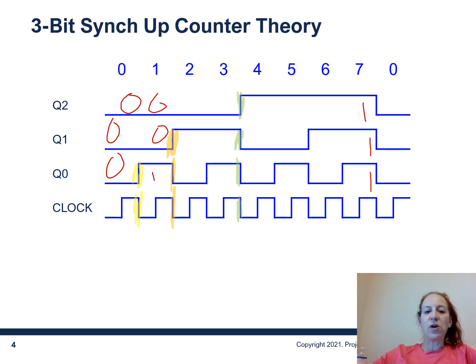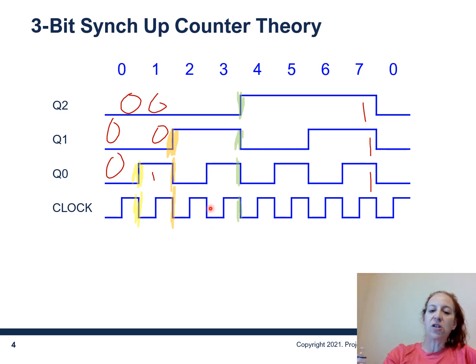So the first one toggles whenever there's a falling edge of the clock. So we have a falling edge, and then on the next falling edge it toggles, and the next falling edge it toggles. So this one is toggling with every falling edge of the clock. Q1 is toggling when both are coming down.